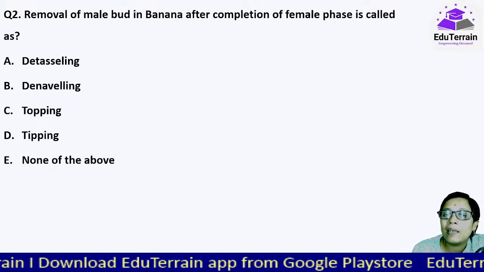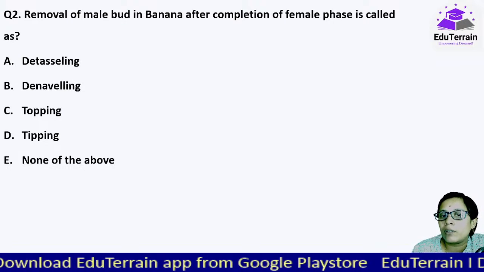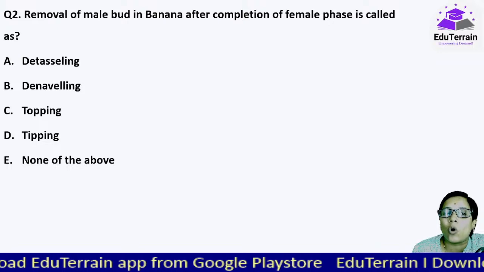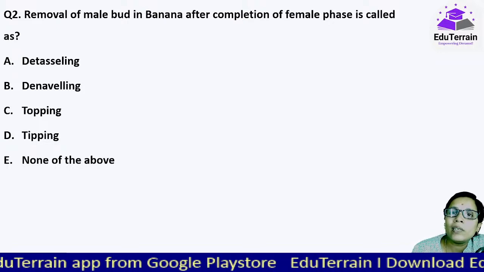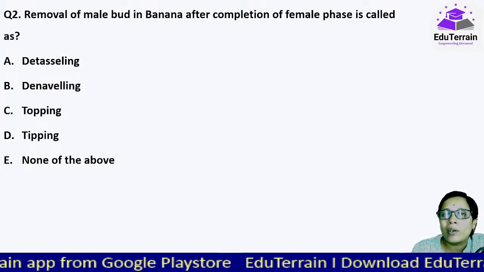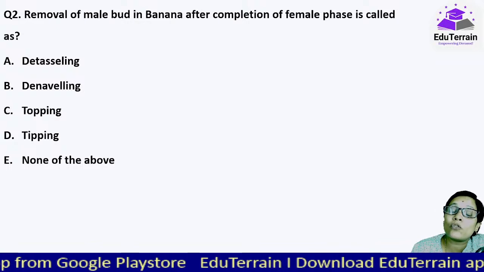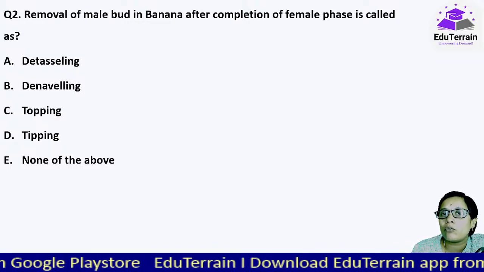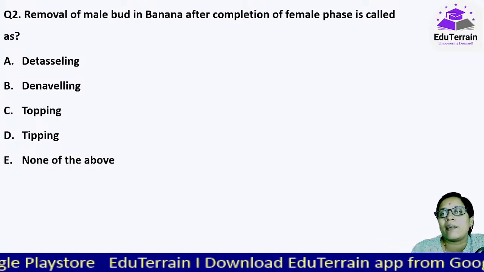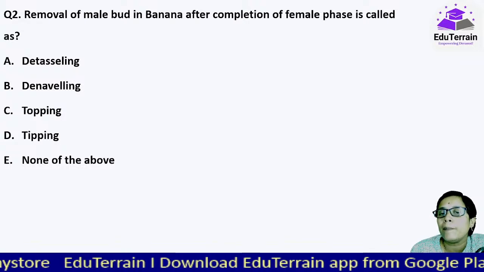Removal of male bud in banana after completion of the female phase is called as. See, generally banana में actually pollination की ज़रूरत नहीं है because those fruits are parthenocarpic fruits. Without fertilization, without the seed formation they will develop.